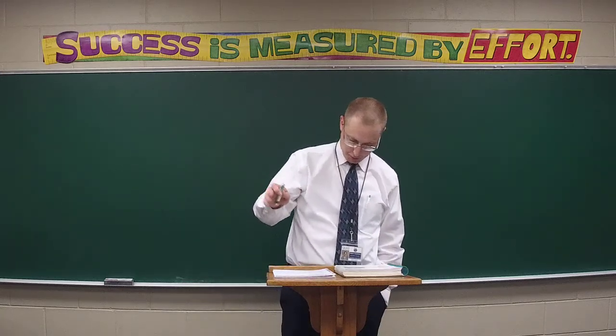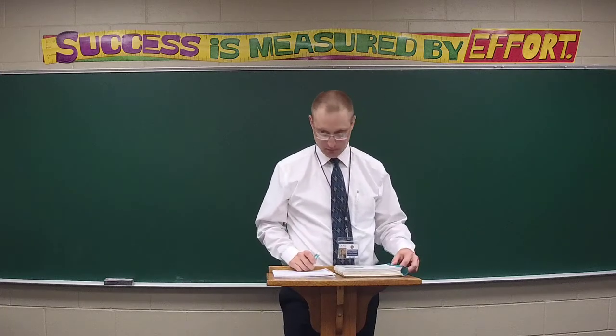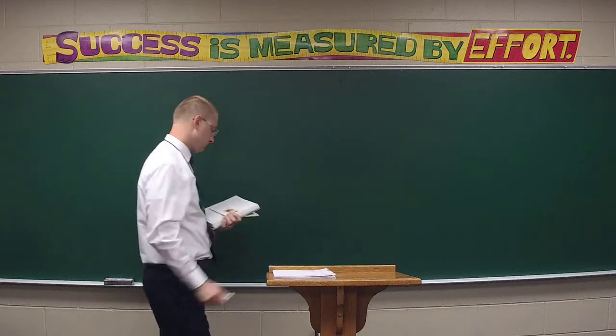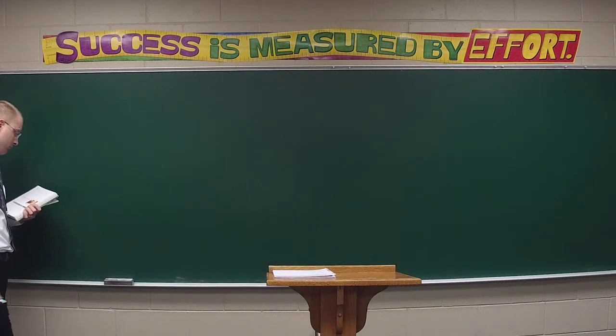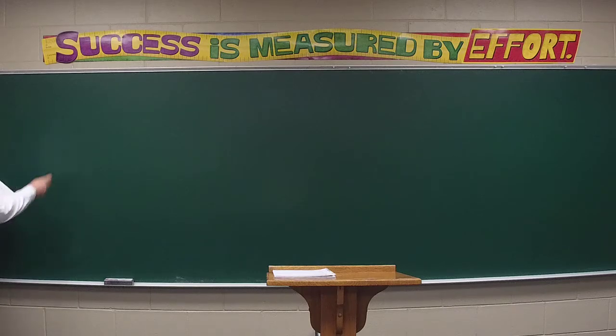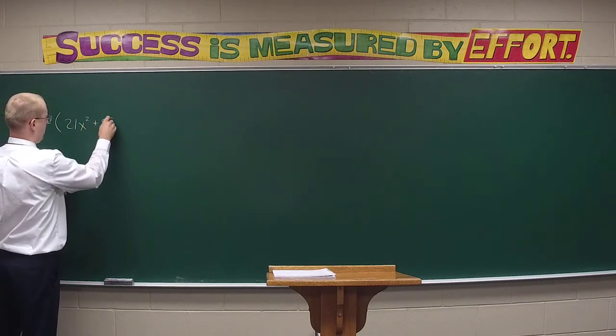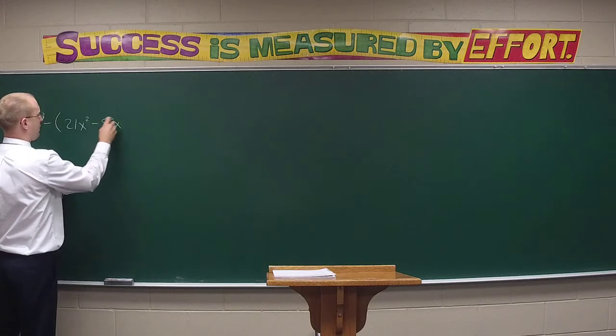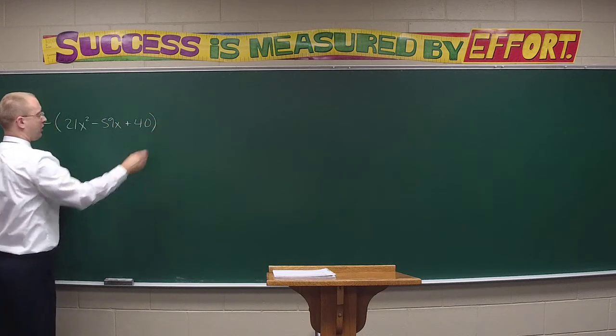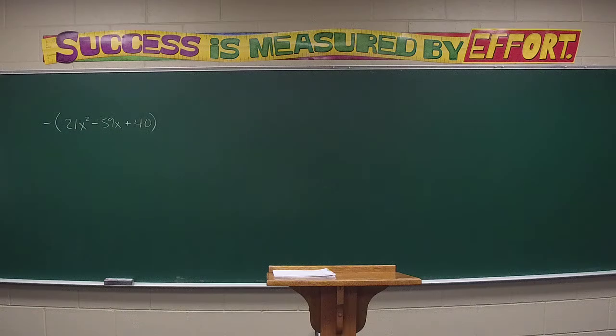Now, the first thing you should have pulled out was a negative. There's a negative first term, so we want to pull that negative out right off the bat, and that will change all the signs for us. Did we pull out that first term negative? So you did pull it out, you just didn't catch what I was going for.